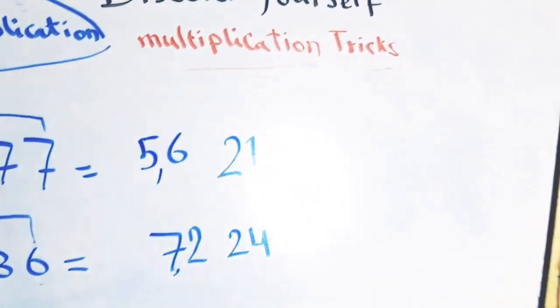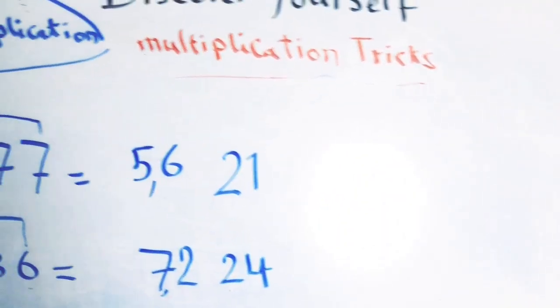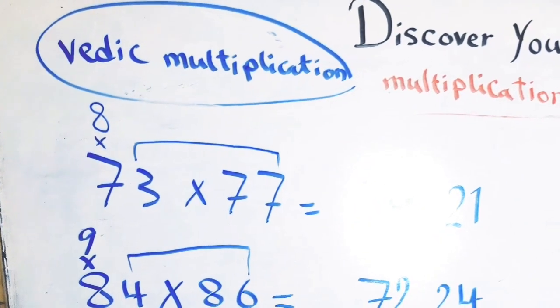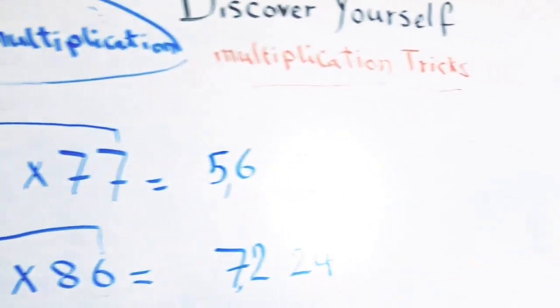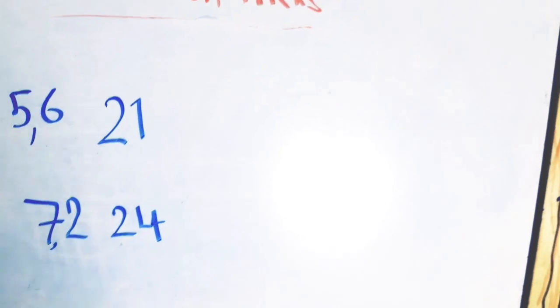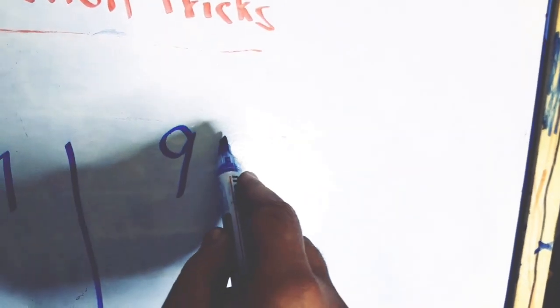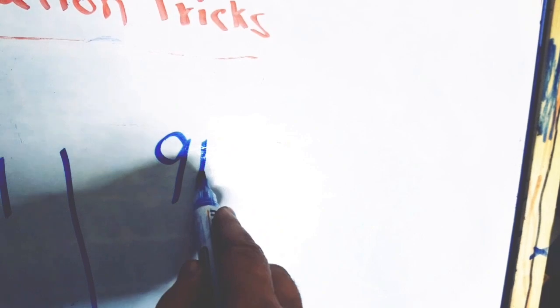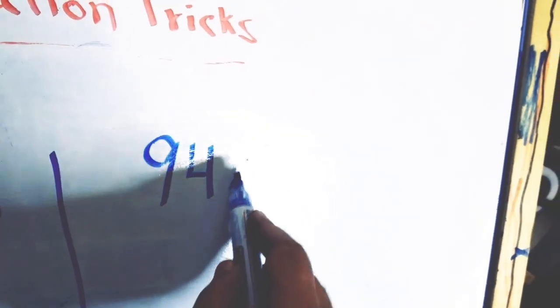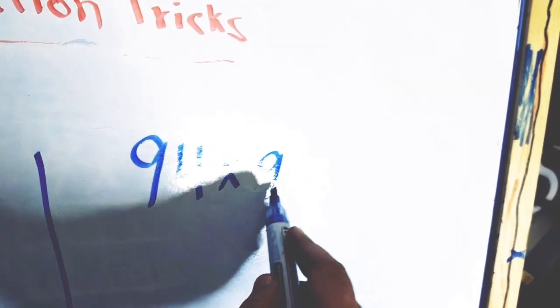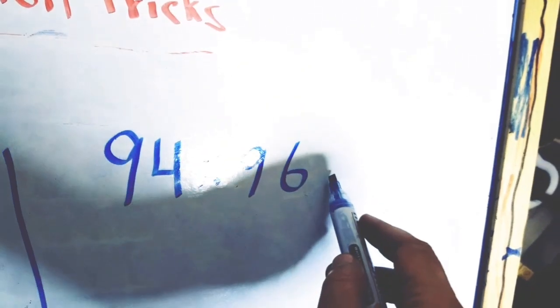Let's take another example in order to understand the Vedic multiplication method correctly. Another example. 94 times 96.